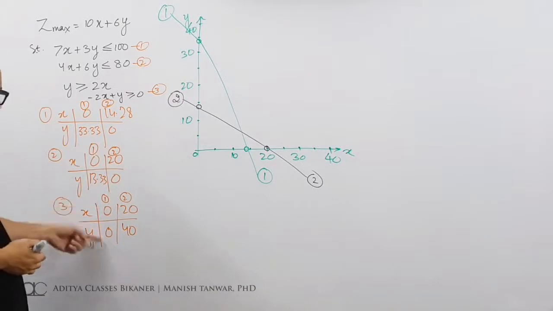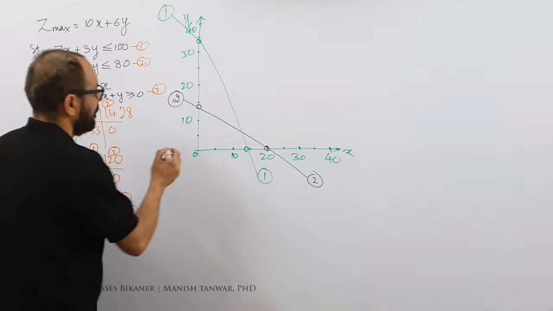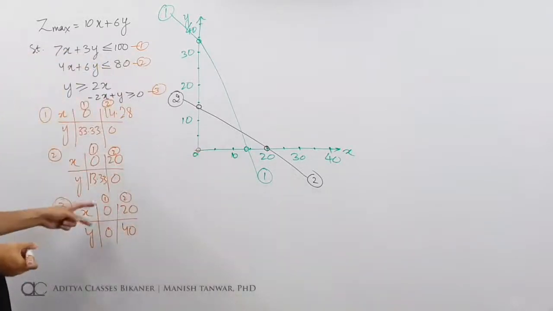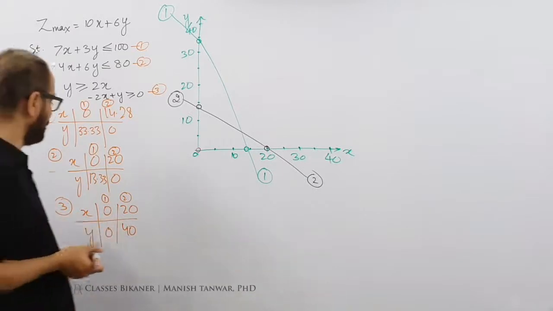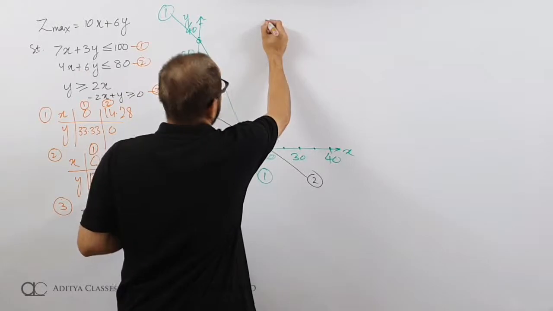Third constraint is both are 0, and then x 20 and y 40.